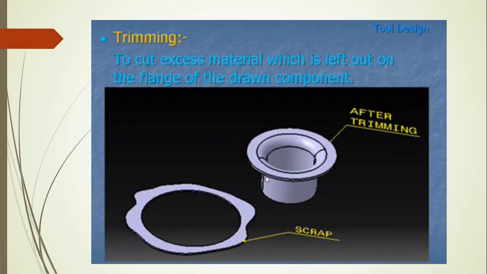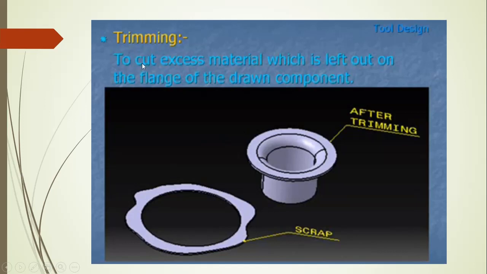Then next one will be trimming. If you are observing this component, this is your drawing component, as we have studied, that is cutting, bending and forming. This we call the forming or drawing operation. That is, we are not cutting that component, we are giving only shape to it. Here, after the drawing or forming operation, whatever metal is left at its periphery, that metal we have to trim out, and that operation we call a trimming operation.